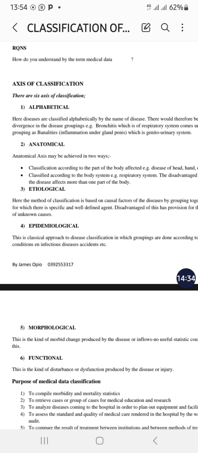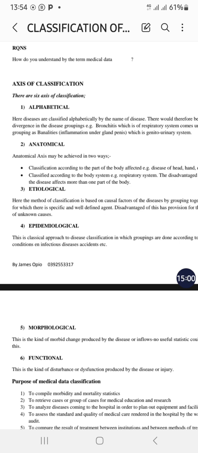Now, how do we approach the classification of diseases under anatomical? You will do me a favor because I already started with the anatomical, yet I was supposed to start with the alphabetical. Let me proceed with the anatomical, then I come back to alphabetical. Anatomical classification is done in two ways. Number one, we can classify diseases according to the part of the body affected by the disease.